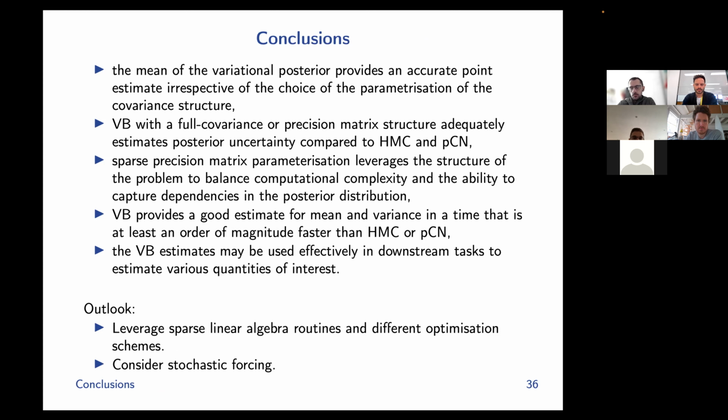Specifically, the sparse precision matrix is especially relevant because it reduces the number of parameters we need to optimize, and is still able to capture the dependencies in the posterior distribution. And the computational argument goes that it's about an order of magnitude faster than the HMC or pCN methods that we've implemented.